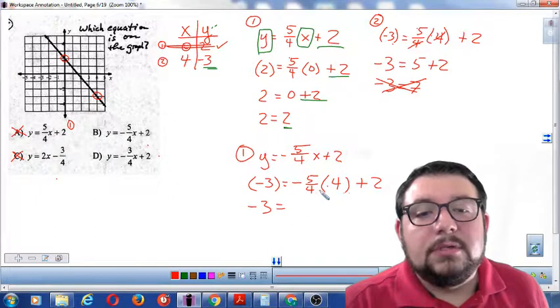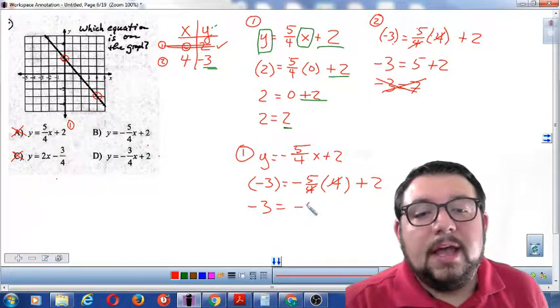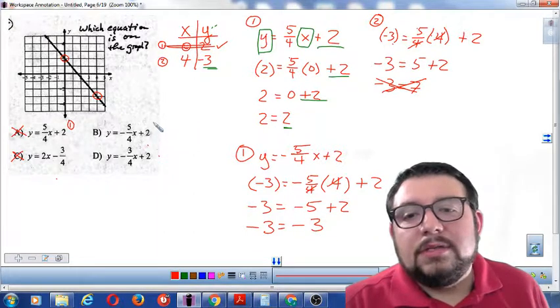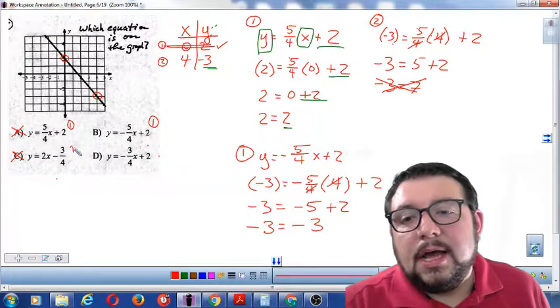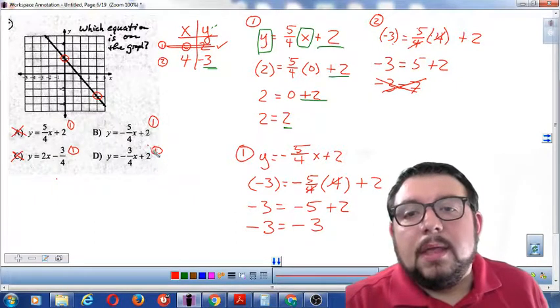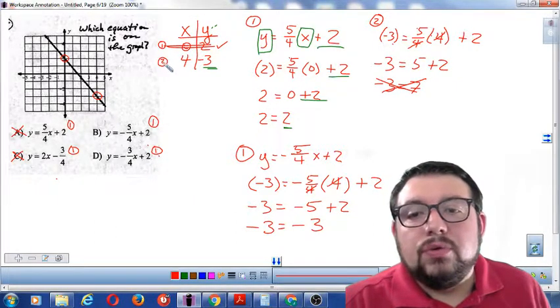Negative 3 equals, the 4's cross off once again. I get negative 5 plus 2. Negative 3 equals, and negative 5 plus 2 is negative 3. Okay, so this guy matched point 1, this guy, and this guy. They all matched point 1. However, point number 2 matched this guy also.